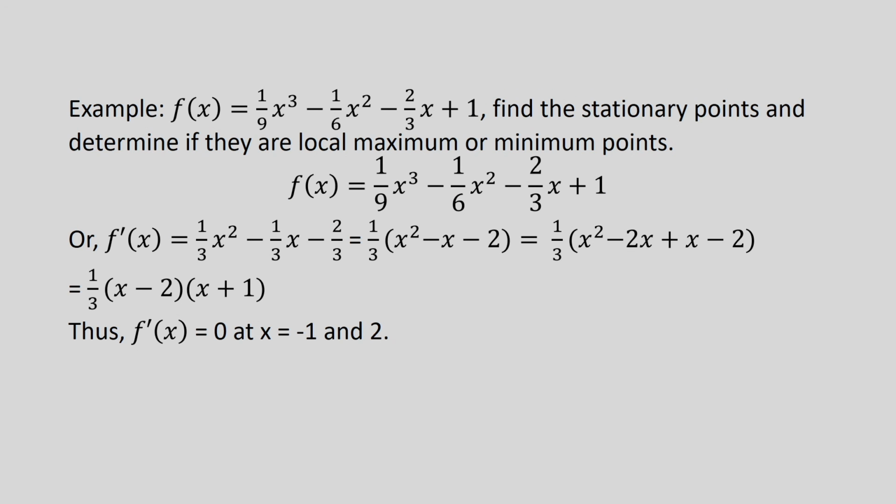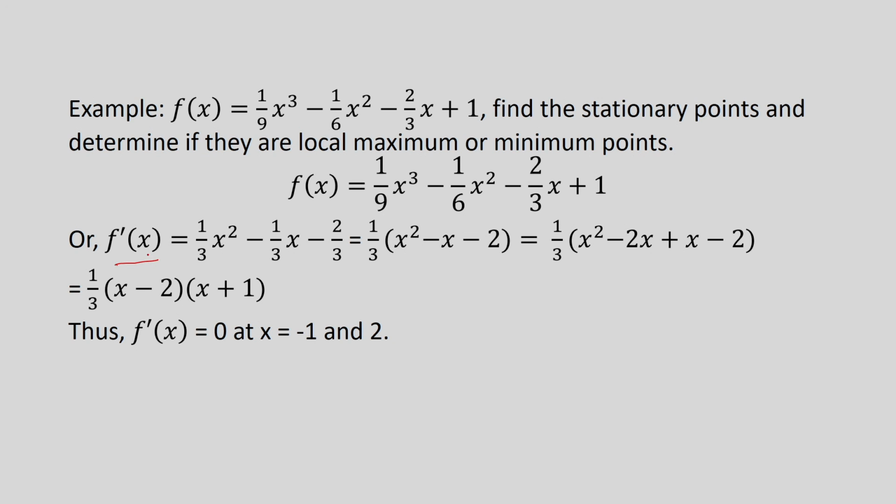Okay, here is another example. Suppose f of x is equal to 1/9 of x cube minus 1/6 of x square minus 2/3 of x plus 1. Find the stationary points and determine if they are local maximum or minimum points. So, it is a cubic function. What do we do? We first find out the stationary points.